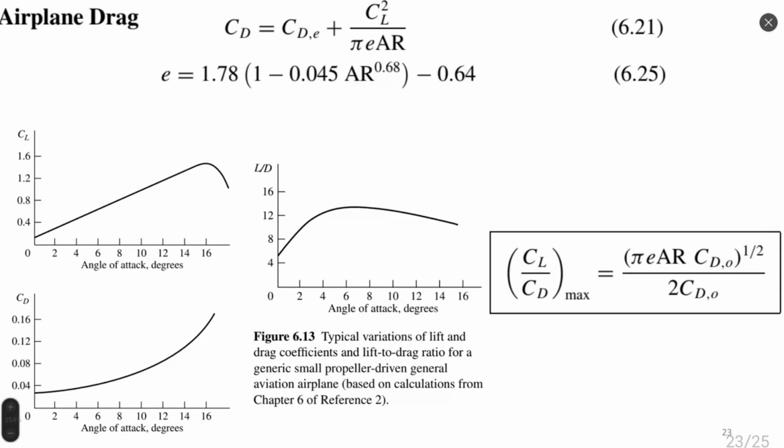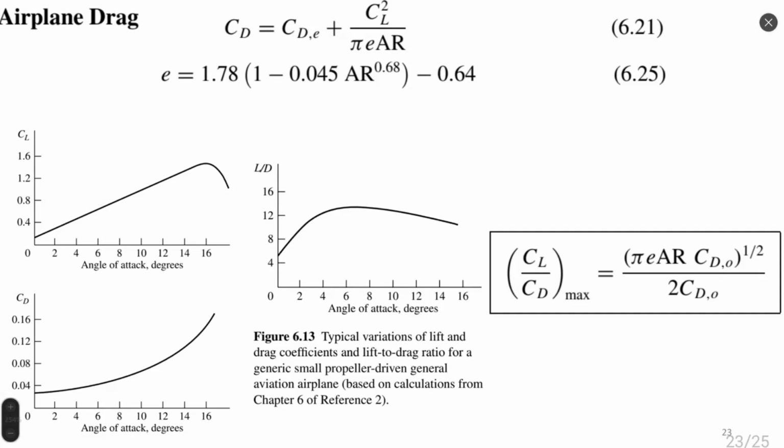Anderson also gives to us the relation between lift and drag coefficient as a function of aspect ratio of the wing. This equation you can see here, equation 21 and 25 are correlated because E coefficient is defined as a function of aspect ratio, and equation 25 is purely empirical. So it's obtained by experimental analysis of different airplanes.